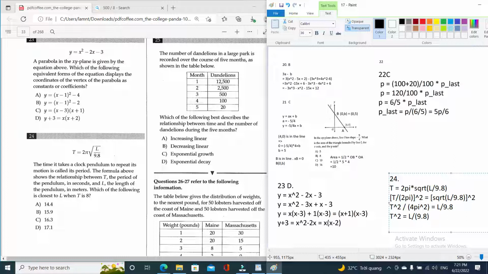We have to multiply it outside, so 4 pi squared. Now we know that T.